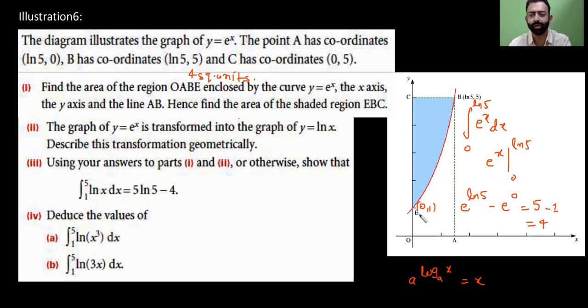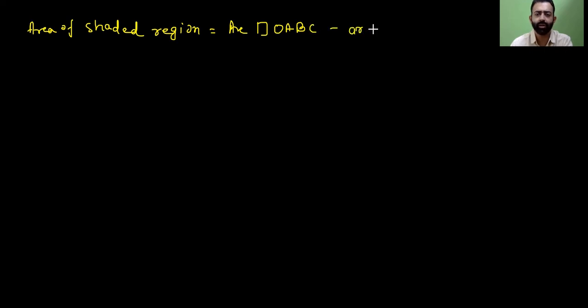And from this area of rectangle, we can subtract the area of this region OABE to get the area of the shaded region. So let us write this. Area of shaded region is area of rectangle OABC minus area of OABE.